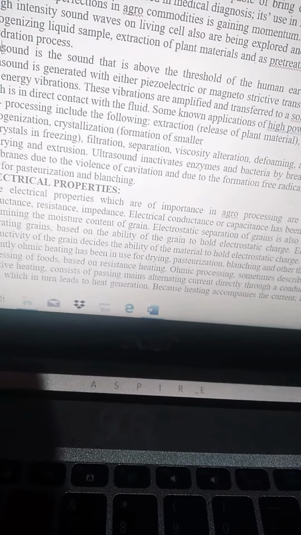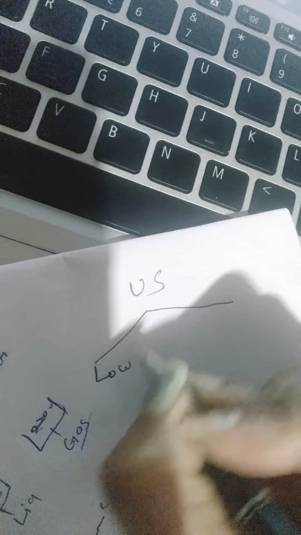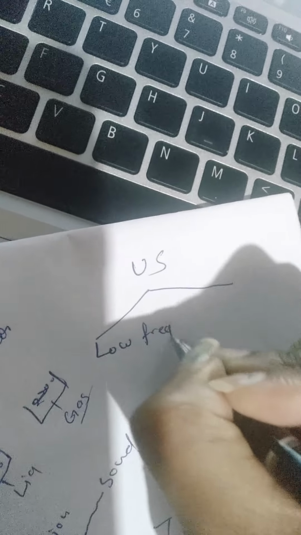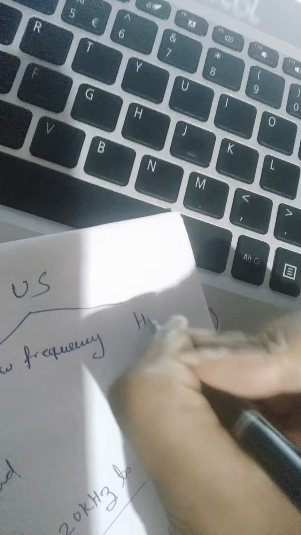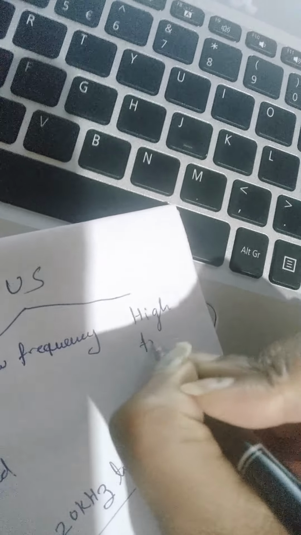Okay, so our next question is how we can use ultrasound. Ultrasound can be categorized into two forms: low frequency and high frequency.